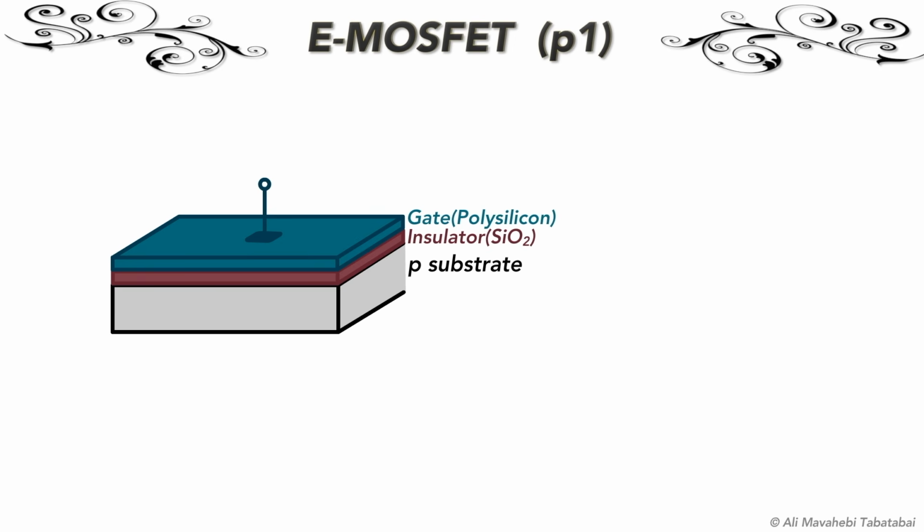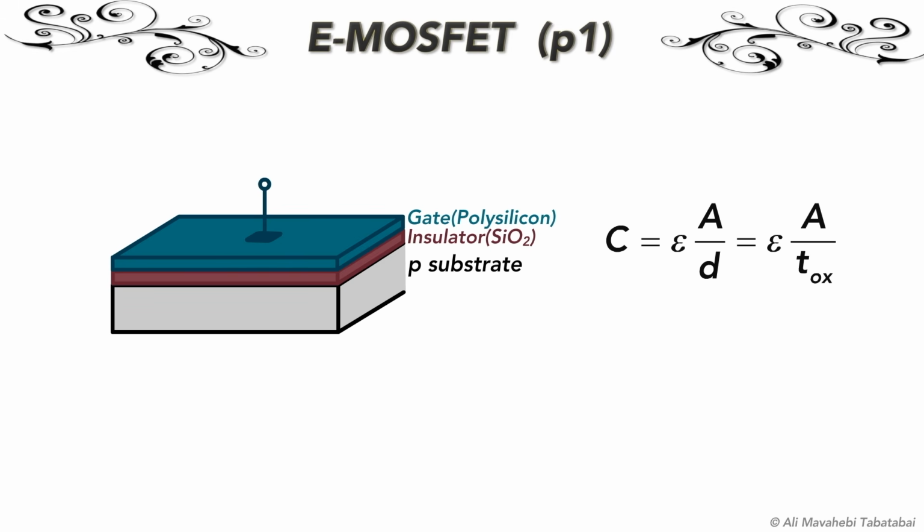As I mentioned earlier, the gate material is polysilicon, which is a good conductor. The substrate is also a conductor, so our silicon dioxide insulator is a dielectric that is sandwiched between gate and substrate conductors. Therefore, we can find the capacitance between these plates.